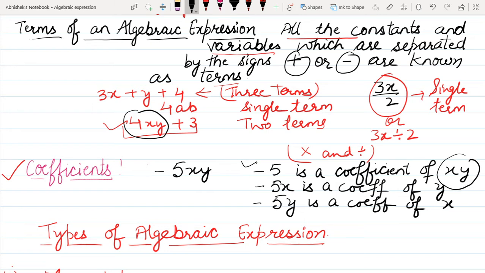In front we have a minus 5. So minus 5 is appearing before xy, so minus 5 is a coefficient of xy. In the second we want to find the coefficient of y. Before y we have minus 5x, so minus 5x becomes the coefficient of y. And what about x? The coefficient of x becomes minus 5y.